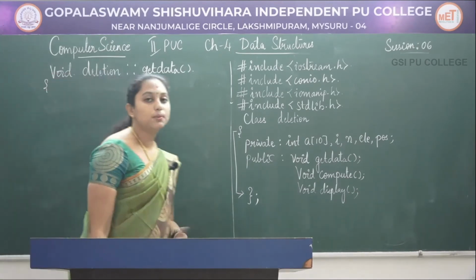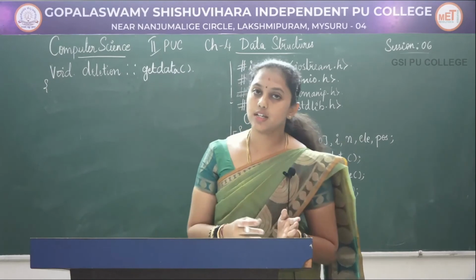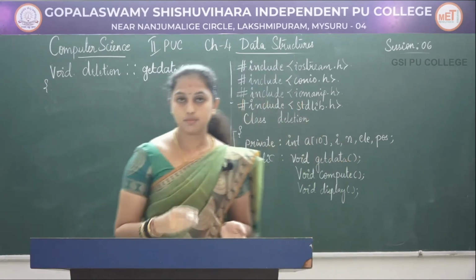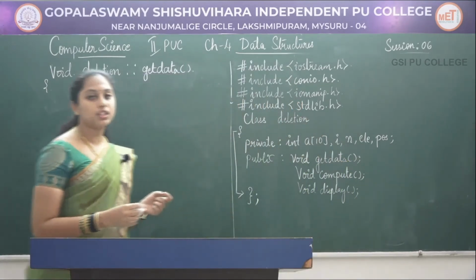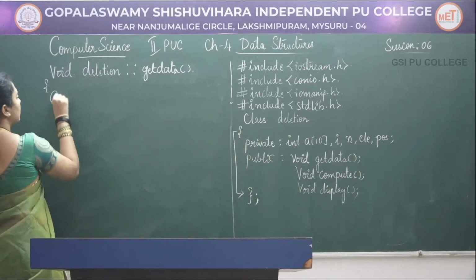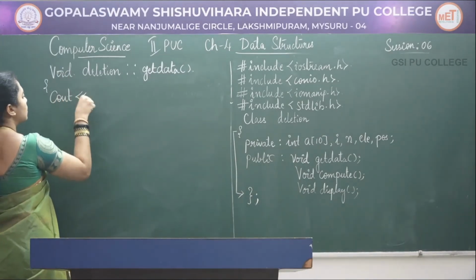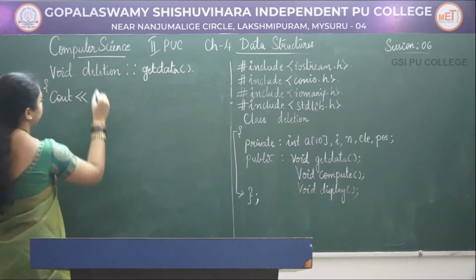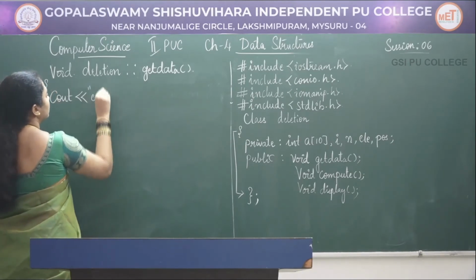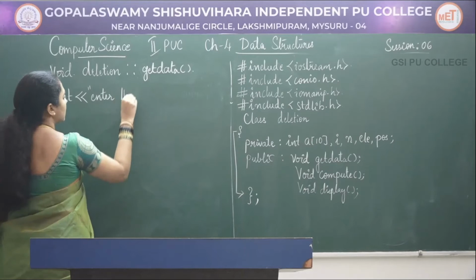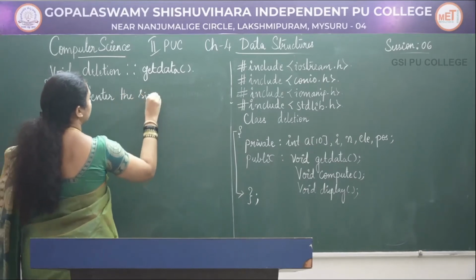If I want to print some data on the display screen, I am going to display it using cout statement with the insertion operator. Enter the size of an array.